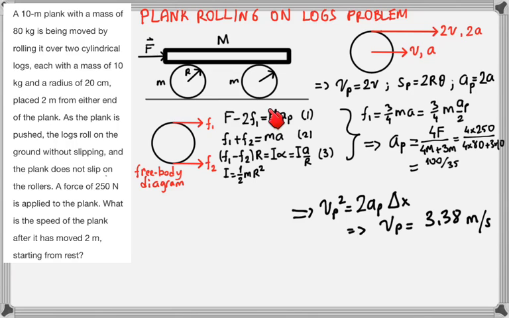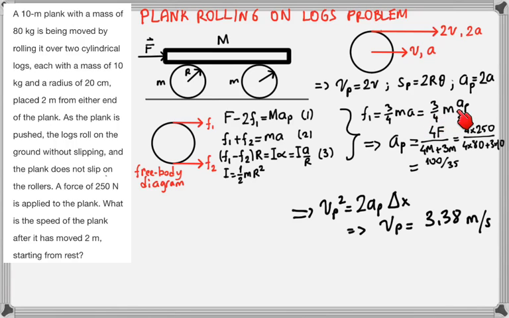So we have these three equations, and in these three equations, some of the quantities are related to each other. By solving these three equations, you will be able to find F1 as 3 divided by 4 times m times a.